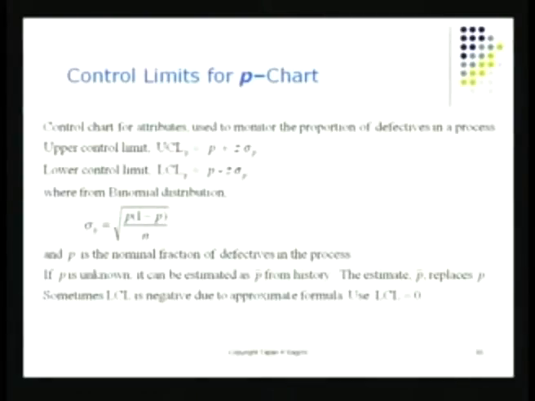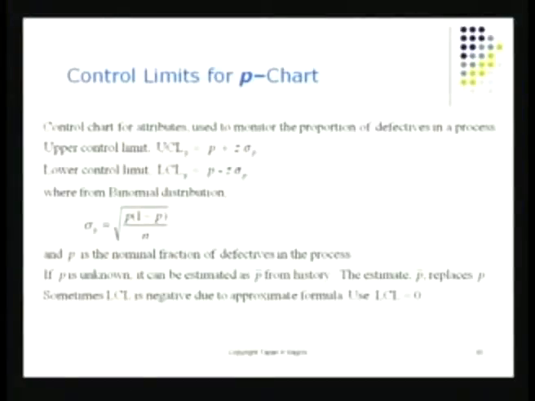It's very easy to figure out the standard deviation of this, because the distribution of defectives is governed by the binomial distribution. Binomial distribution is a pretty good model for it, and if that is so, then we can find sigma P equal to the square root of P times 1 minus P divided by N. This is the sigma for P.